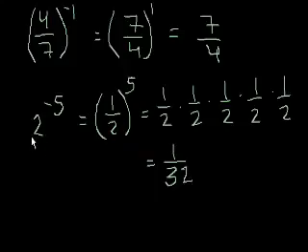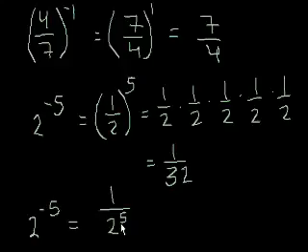Another way we could have viewed 2 to the negative 5th is that it equals 1 over 2 to the 5th, and we know that 2 to the 5th is 32, so that would have been the same thing. Two ways to do it, pretty much just changing the order of when you flip versus when you actually calculate the exponent. Let me do 2 or 3 more problems.